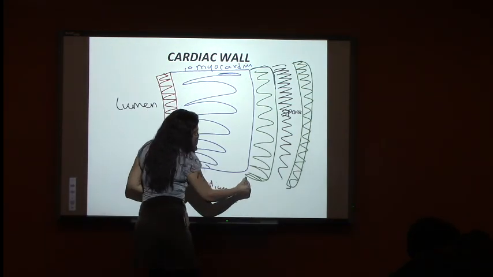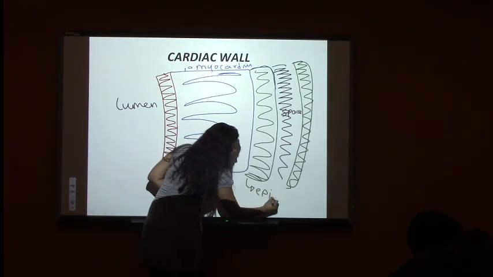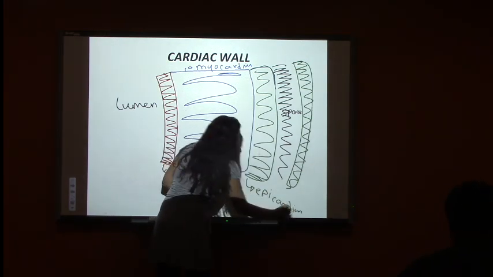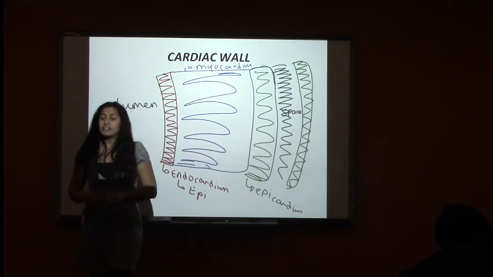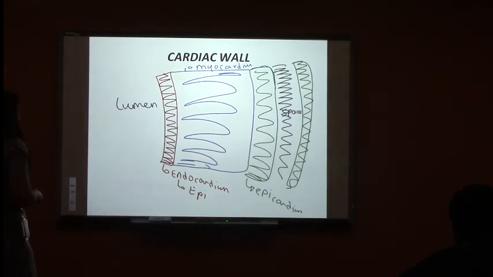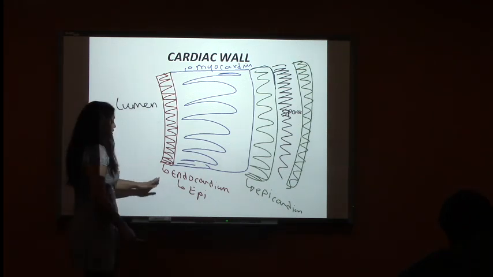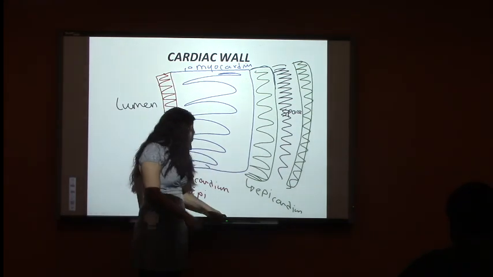Then you have this third layer, epicardium. This third layer right here is called epicardium. It is made up of connective tissue. So the 3 layers are endocardium, myocardium, epicardium. Those are the 3 layers.